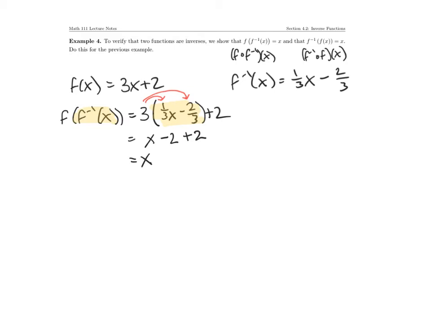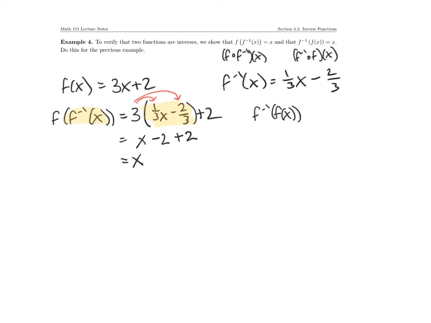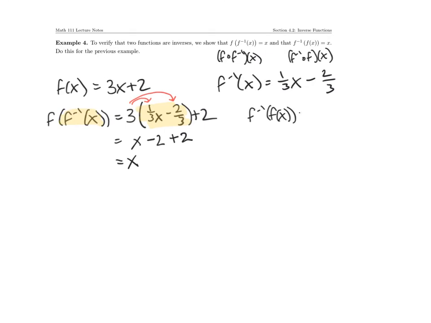So let's do f inverse of f of x. I'm going to move this over just a little bit, so that we have 1/3 times 3x plus 2 minus 2/3. And again, we are taking our f of x and plugging it into our equation.